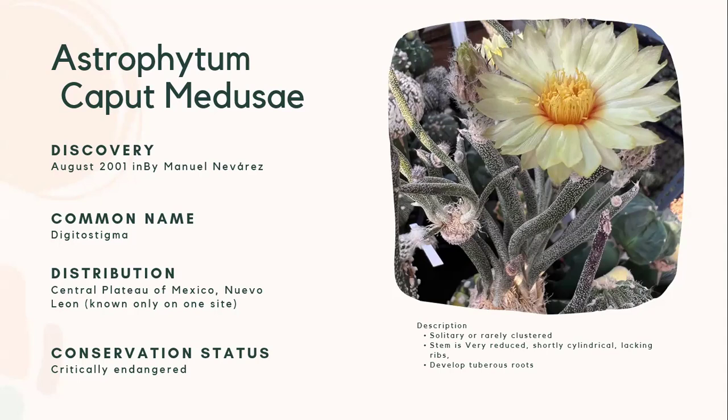So that's probably the way it works in the habitat: it's going to fall and create another baby. That's the only way it could, because it's sterile to any other Astrophytum, so it cannot be pollinated with any other Astrophytum species. We're going to talk about that in a later presentation also. So this is the most bizarre Astrophytum.